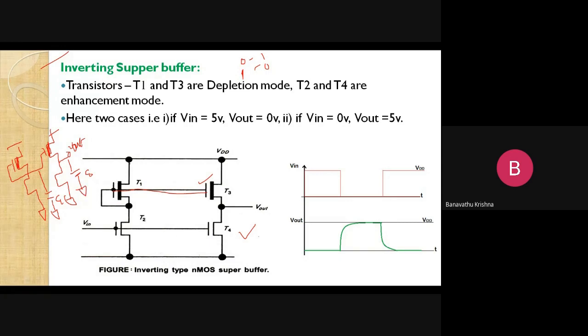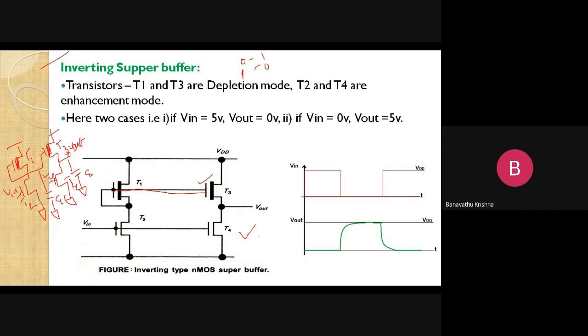This is the ground connection. Here it is V input, and here it is also V input, because this is transistor T1 and this is transistor T3, this is transistor T2 and this is transistor T4.